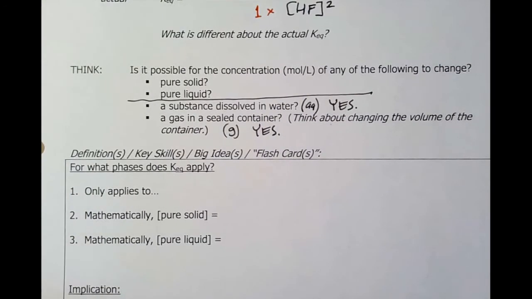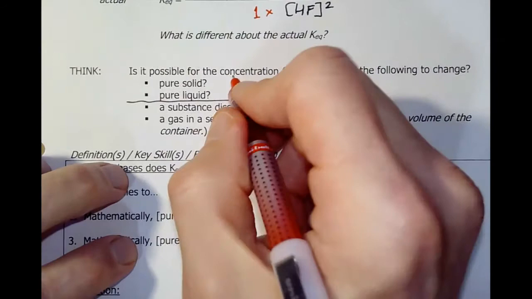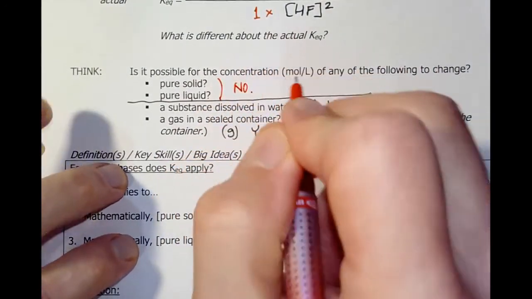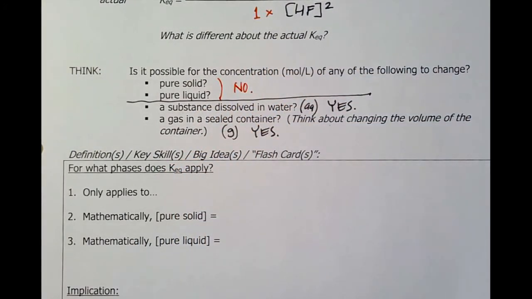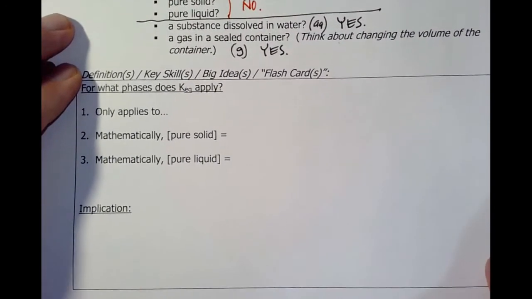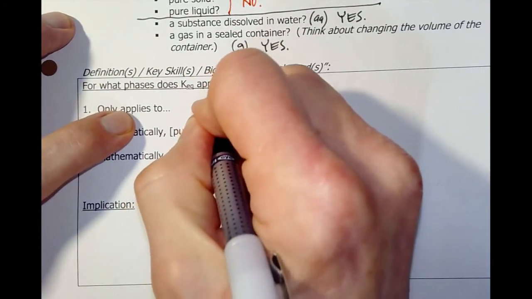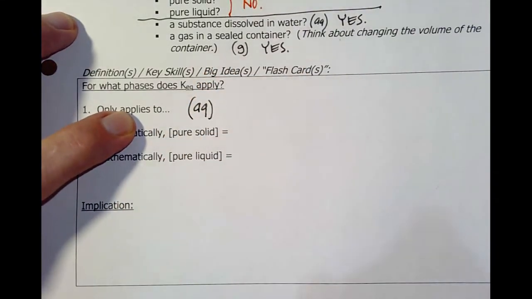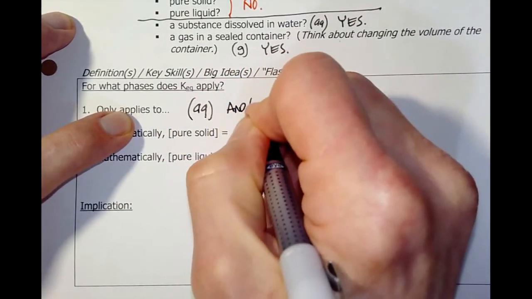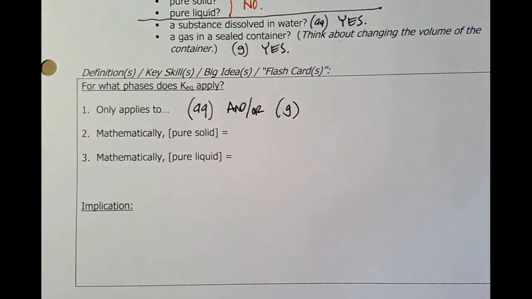Now, pure solid, if you add more solid, you don't change the moles per liter. If you remove some solid, you don't change the moles per liter. If you have a gallon of water, there's so many moles per liter. If you have a cup of water, you have so many moles per liter. These are really not variable. So what we can say is our equilibrium expression only applies to things that are aqueous and/or gaseous.